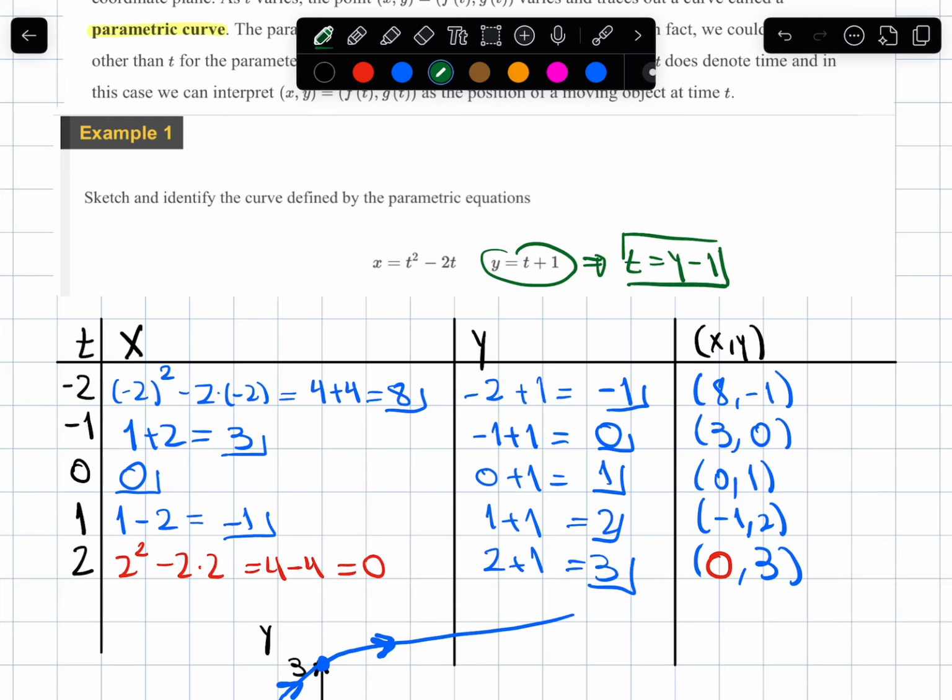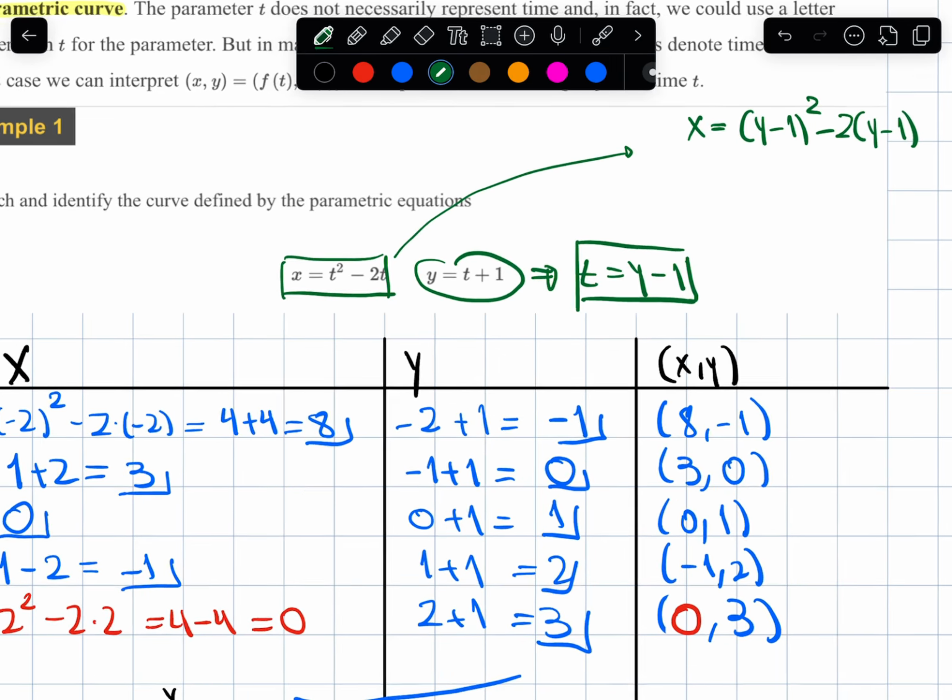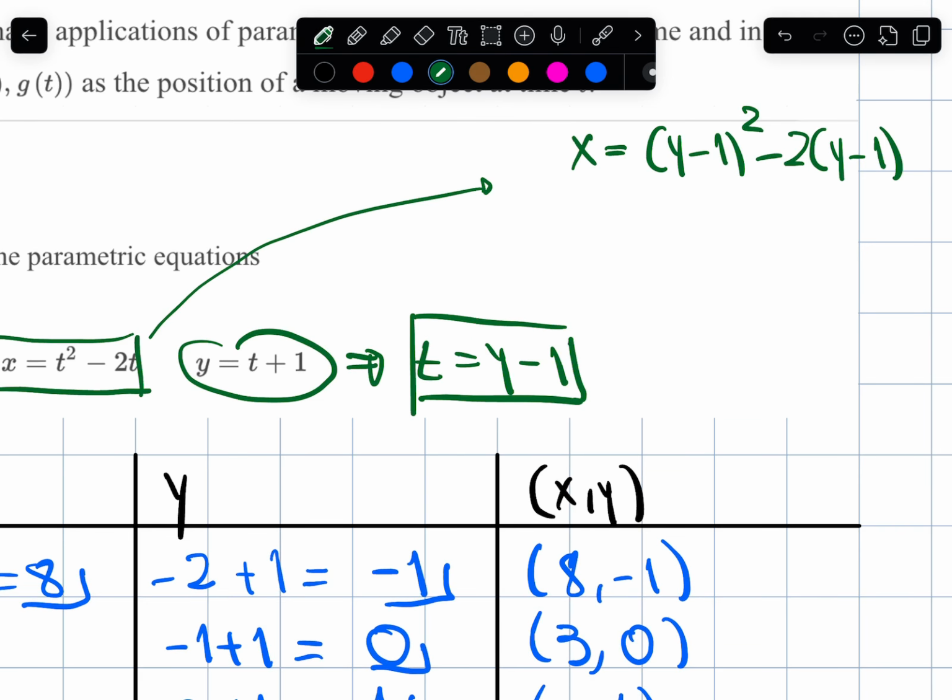And now that I know that t is this, I can take this t value and plug that back into x, yes? And that will give me that x is y minus 1 squared minus 2 times y minus 1, which I can expand. I'm going to zoom in here just so we can have a good look at what's going to happen. As I FOIL this, this is going to become y squared minus 2y plus 1 minus 2y plus 2, x equals y squared minus 4y plus 3.